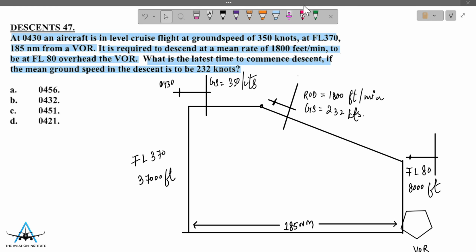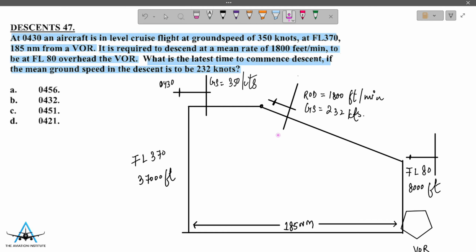Our aircraft is descending in such a way that it will reach overhead the VOR at flight level 80, which means 8,000 feet. While descending, it is maintaining a rate of descent of 1800 feet per minute and a ground speed of 232 knots. So what is the latest time to commence descent? That means we need to find the time when the aircraft starts its descent. This is what is being asked in the question.